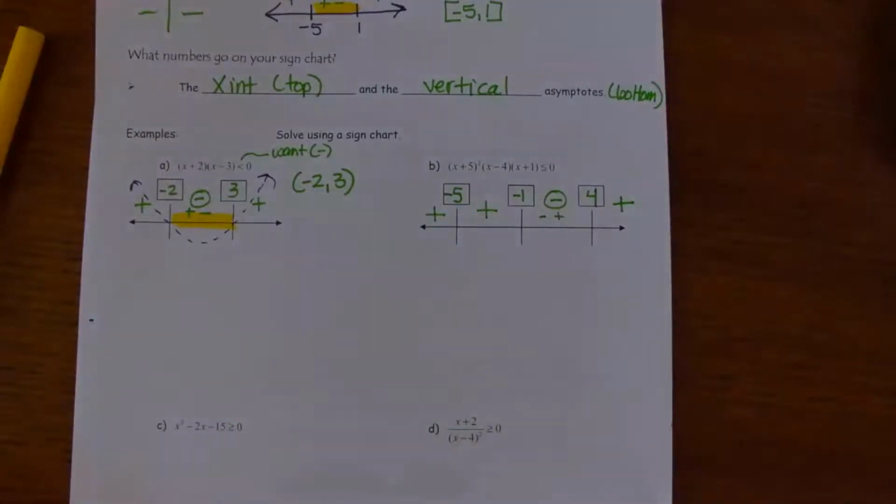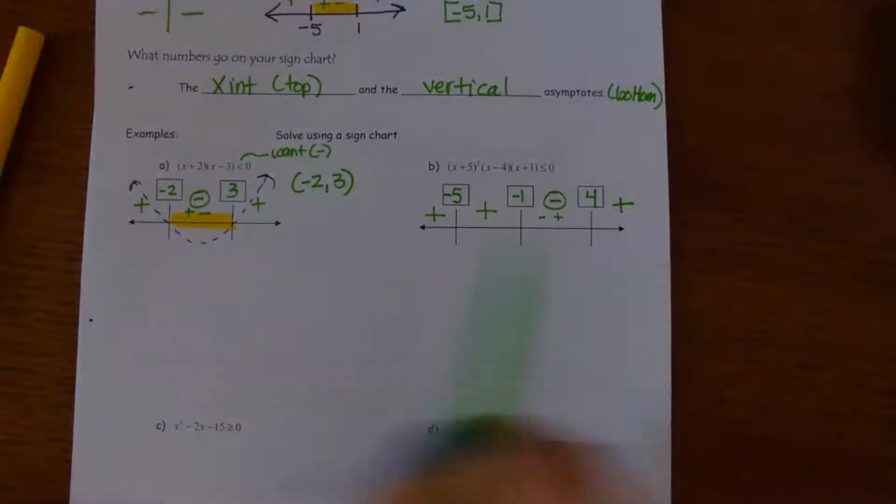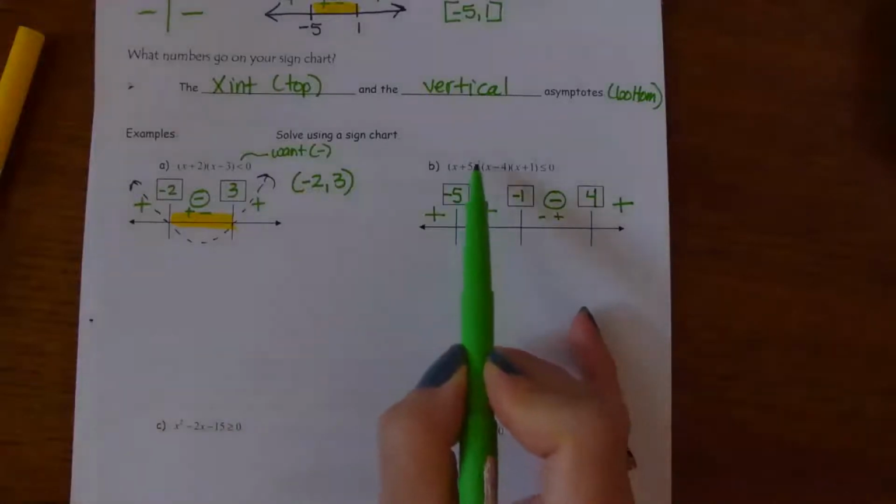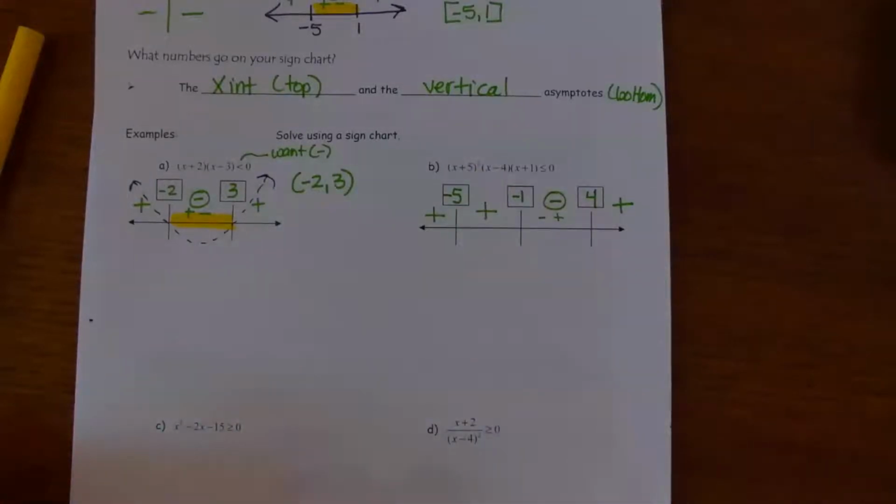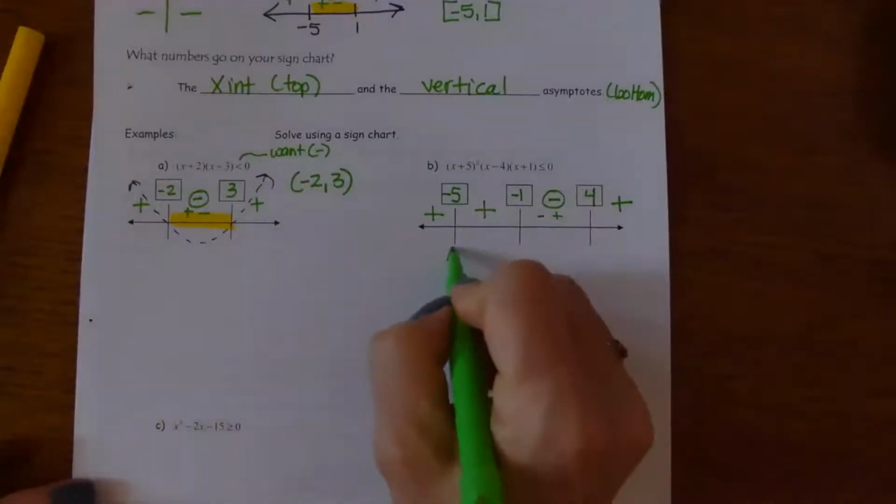Do you see how much easier that is than trying to plug in 4 different numbers? Signs either alternate or they stay the same. They stay the same when this is raised to the even power. Much better than plugging a bunch of numbers in, right? Make yourself a note.